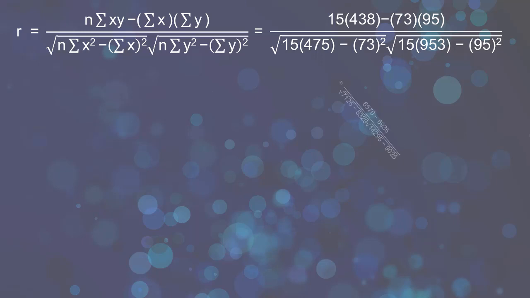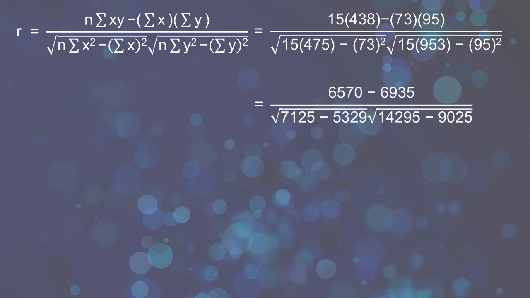We're going to go ahead and do our multiplications. There's 6 multiplications to do. We have to do 15 times 438, which gives us 6570, and 73 times 95, which is 6935. That's our numerator, and we're subtracting those 2 values.